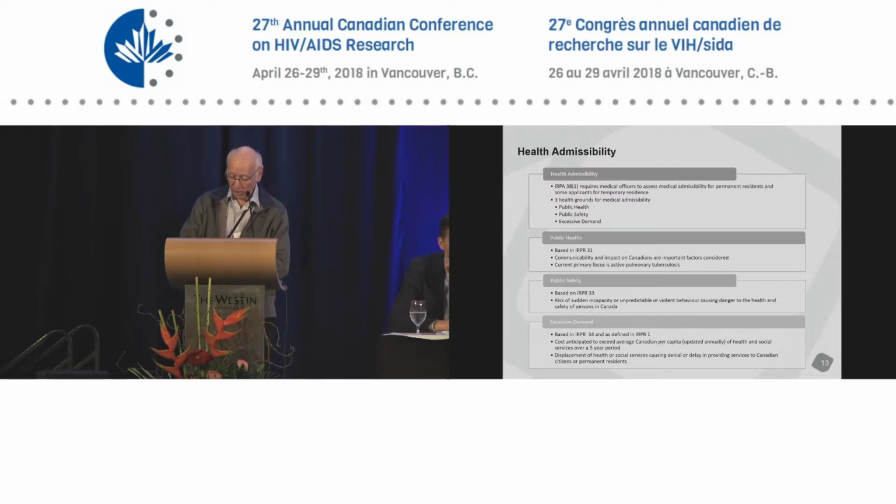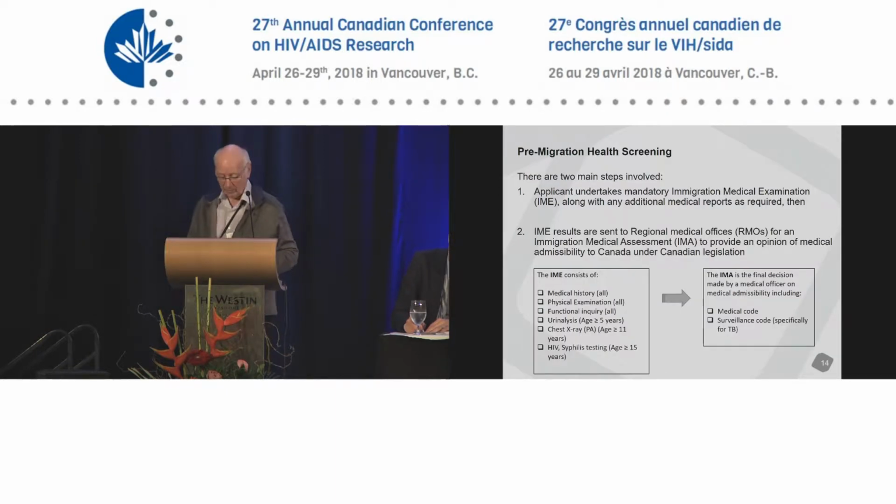To put numbers in context, of all of the immigration medical exams that are done throughout the world, and right now we do approximately 500,000 immigration medical exams, less than 1%, way less than 1% are medically inadmissible. Okay, so if you're playing a gambling game, if you have to undergo an immigration medical exam, the odds are really stacked in your favor.